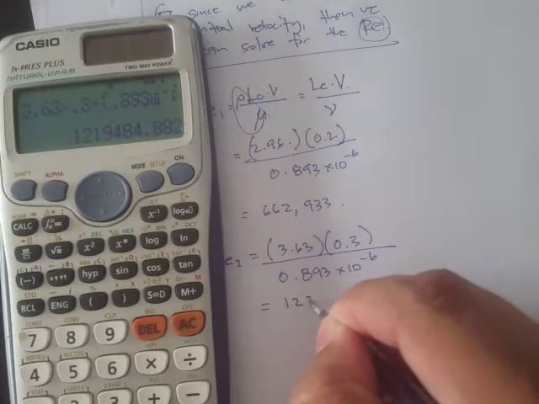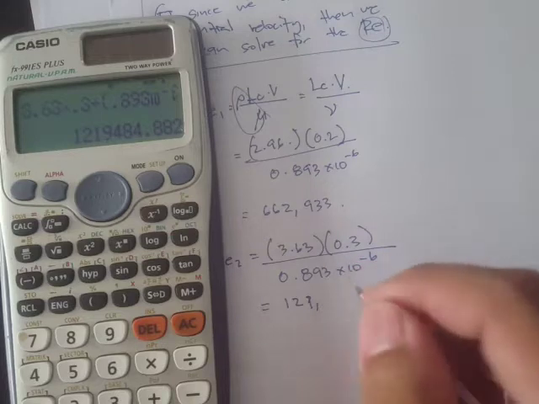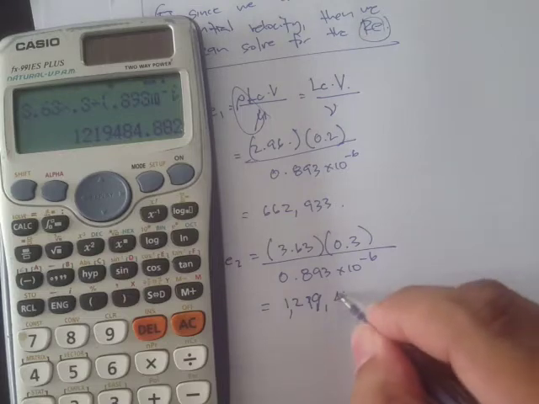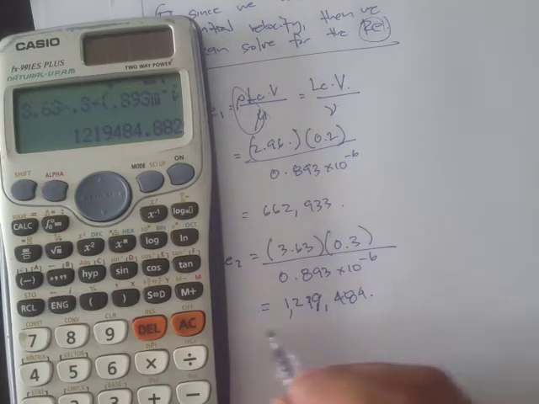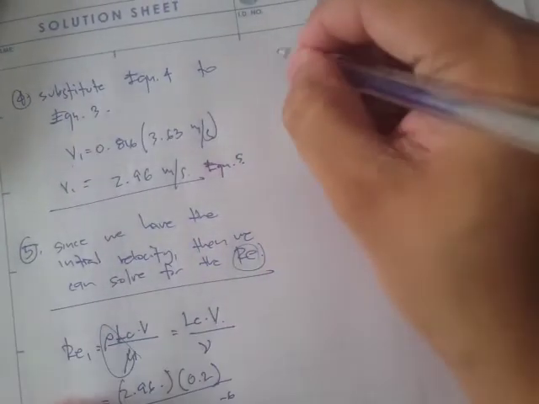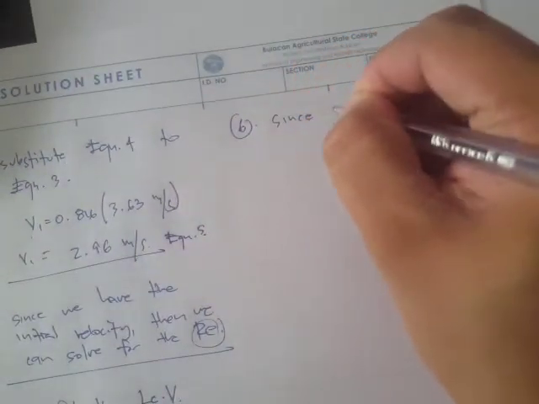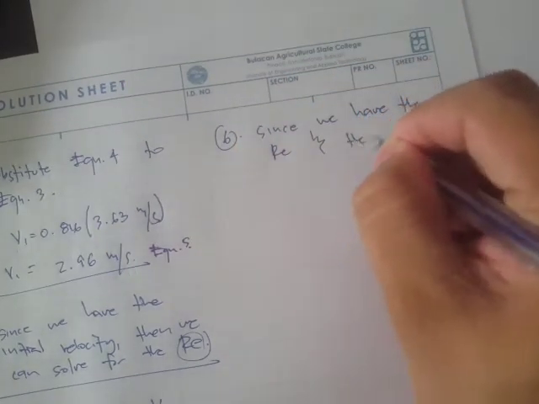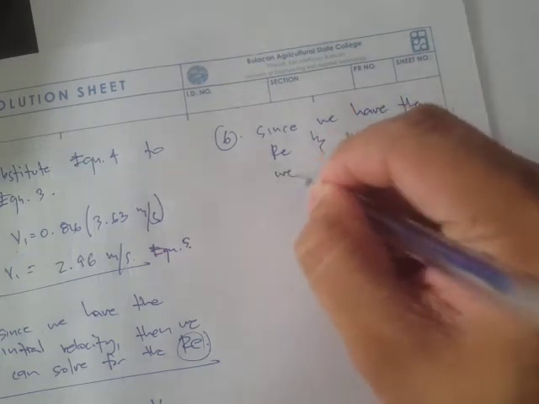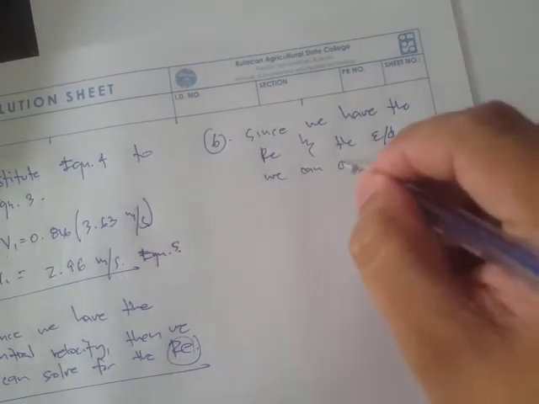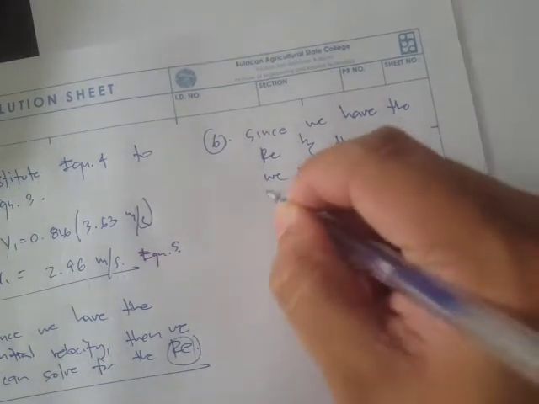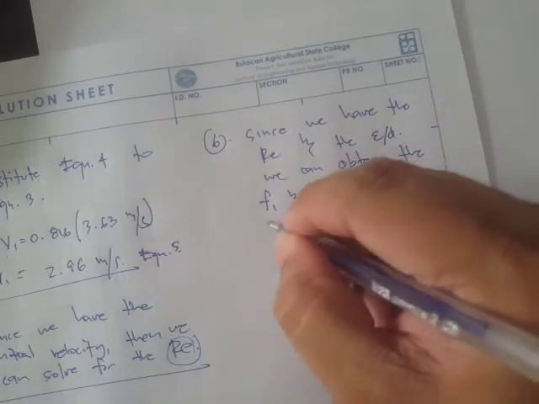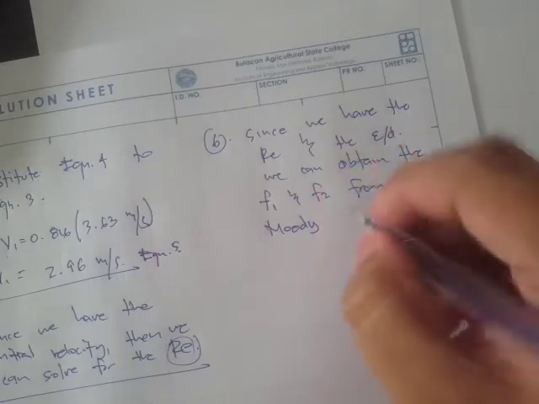And this is 120, I think 1,219, right? 804. Okay, so our step number 6, since we have the Reynolds number and the relative roughness, we can obtain the friction factors F1 and F2 from the Moody diagram.